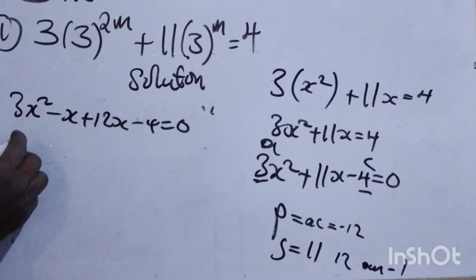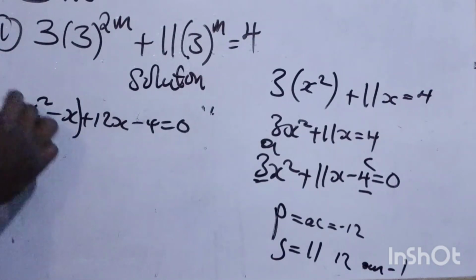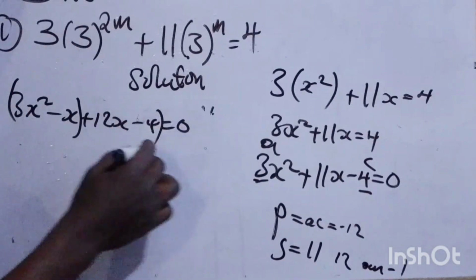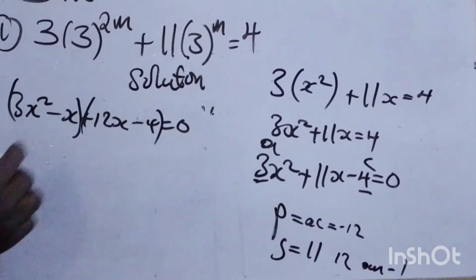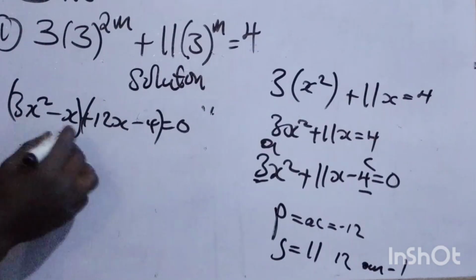So here let's factor out. We group this pair and this pair. In the first pair, what is common is x.